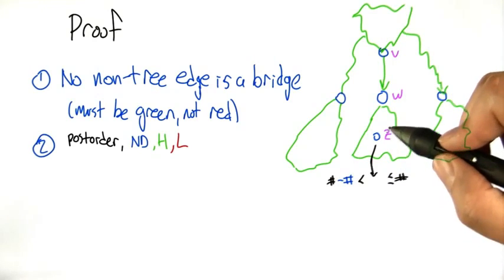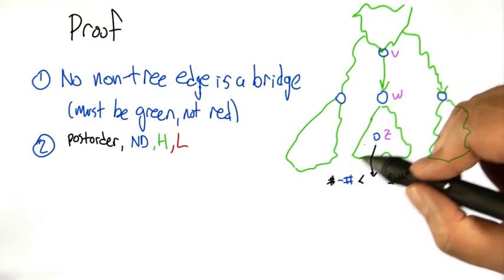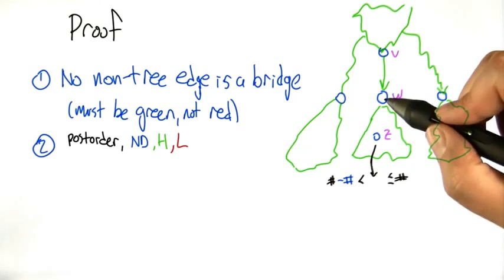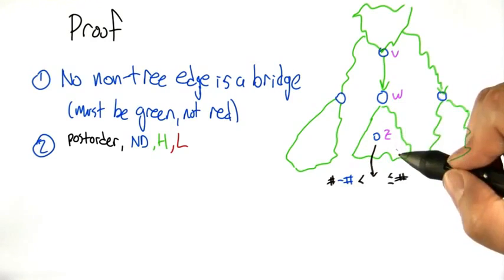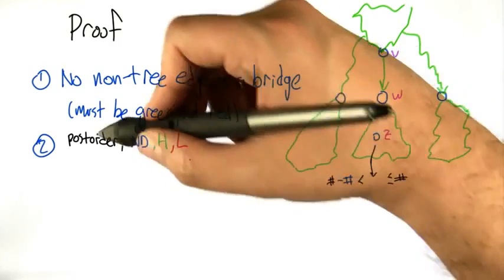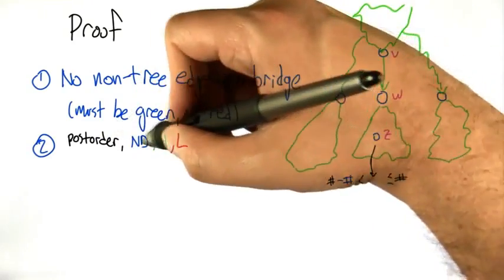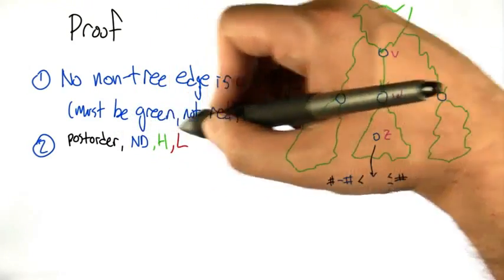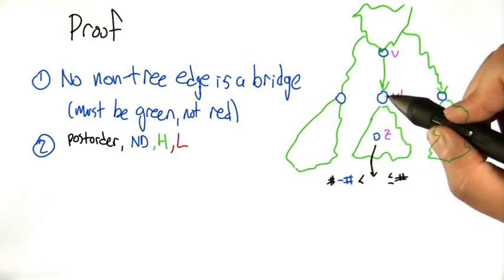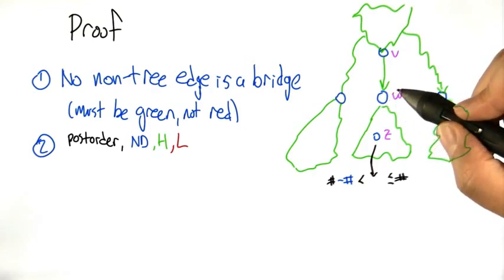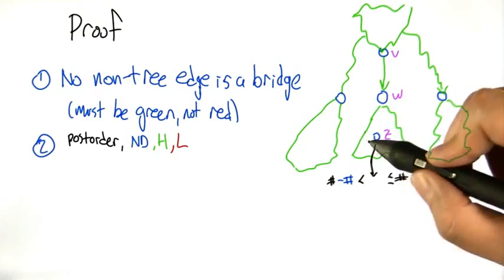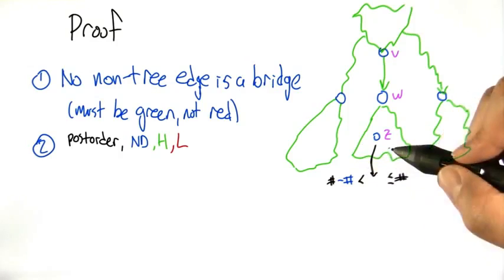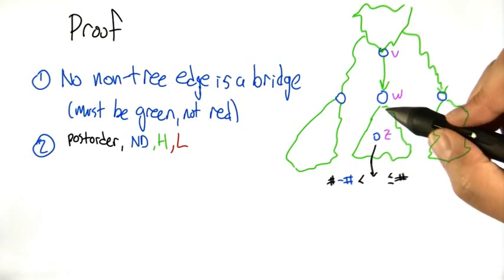Next, we can test whether or not a given node is in the subtree rooted at some node W pretty simply using the numbers that we've already calculated: the post order of W, the number of descendants of W, and the high and low values. And why is that? When we do the post ordering at W, we go down here, we number somebody, then we number everybody, then we number W itself.